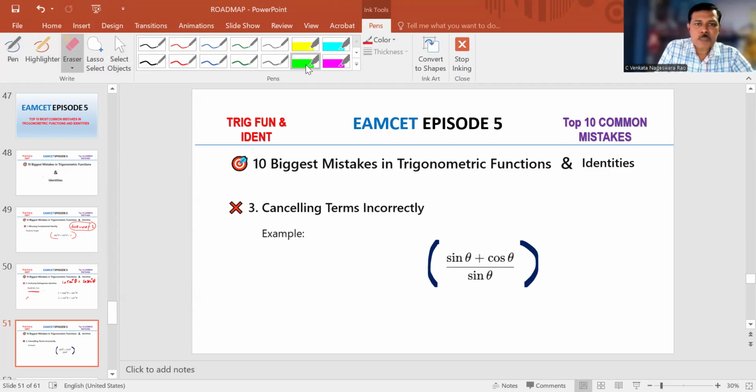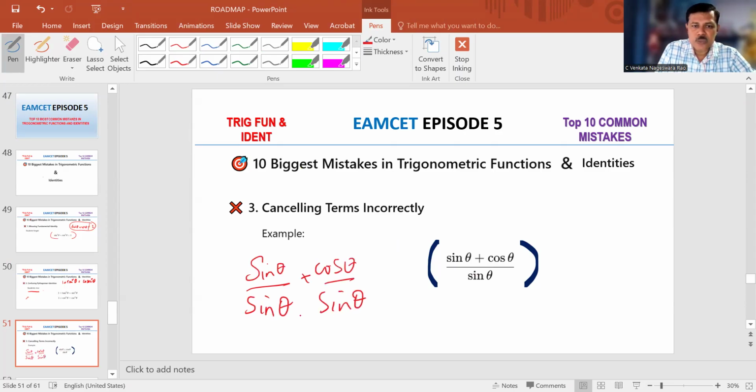Instead, we need to split it: sin theta by sin theta plus cos theta by sin theta. Now this becomes 1 and this becomes cot theta. Generally we try to cancel incorrectly, and then the answer would be cos theta, which is wrong.